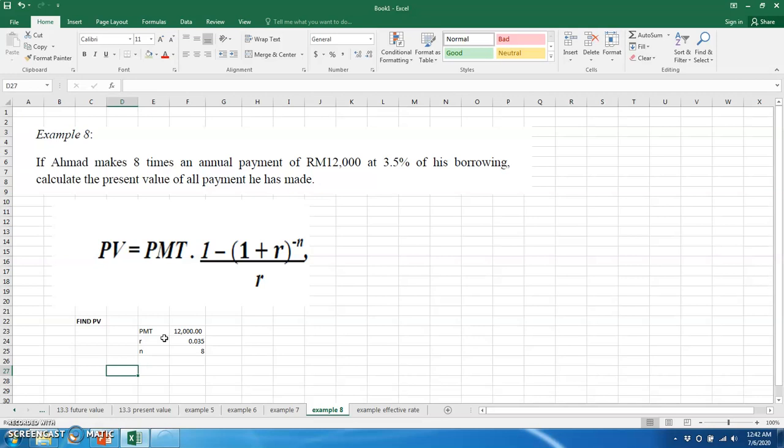Now, PV equals, what is it? Payment is how much? 12,000 times, now 1 minus, in a bracket, 1 plus 0.035, to the power of, where is the power of?